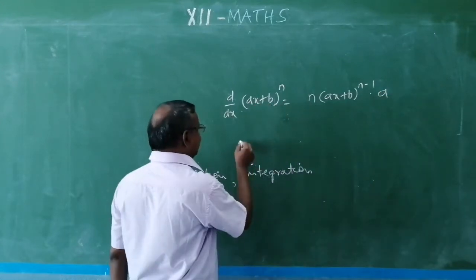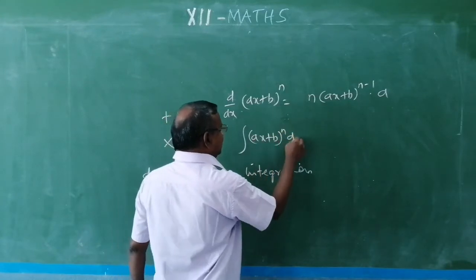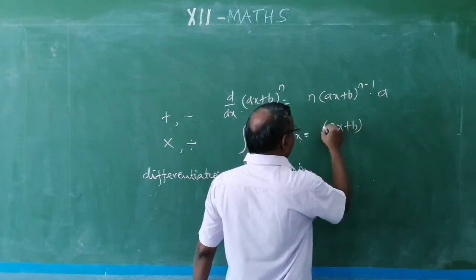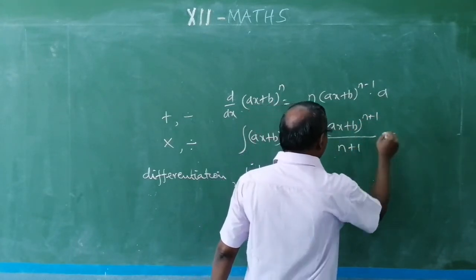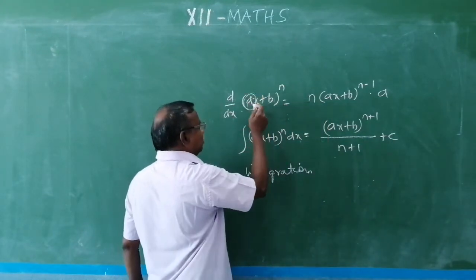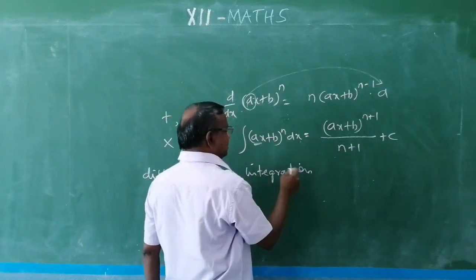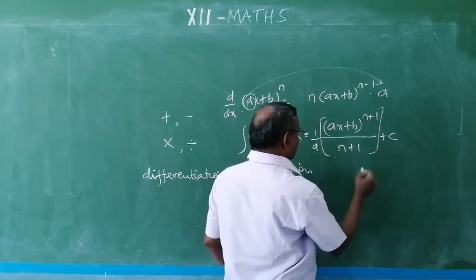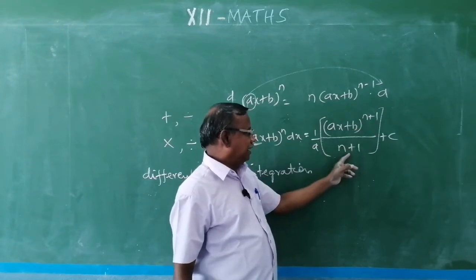But in the case of integration of (ax plus b) whole power n dx, we have (ax plus b) whole power n plus 1 divided by n plus 1 plus c, and here instead of multiplying by the coefficient of x, we have to divide it, that is 1 by a into (ax plus b) whole power n plus 1 divided by n plus 1 plus c.